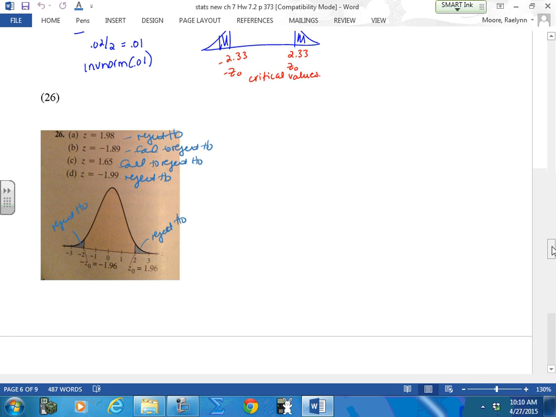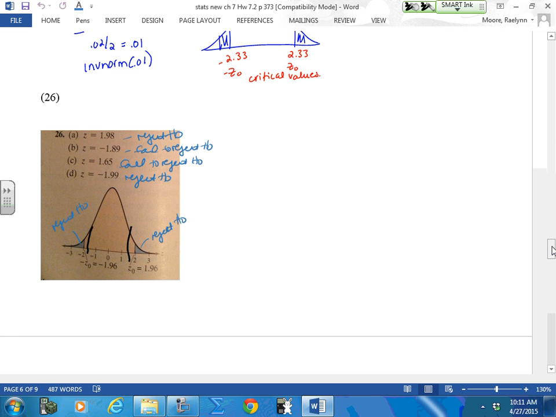Negative 1.89 is falling right in here. It's not as much as owing negative 1.96. It's falling right before it. You're in the fail to reject. 1.65, you're in the fail to reject. And negative 1.99, you're in the reject H0. Close, but you're still in the reject H0.